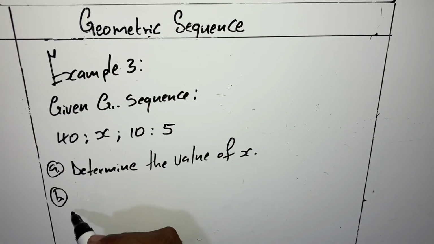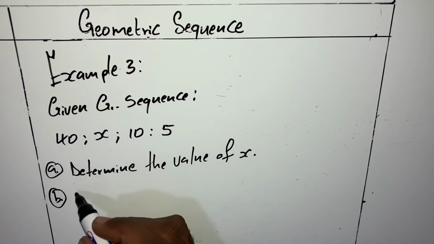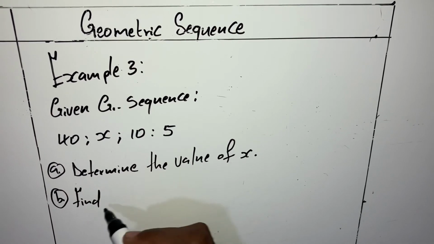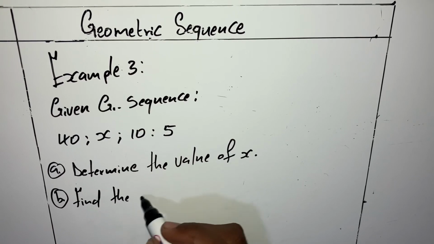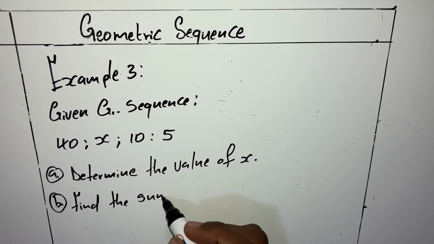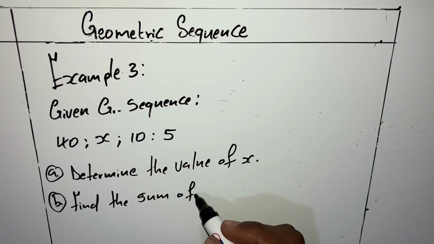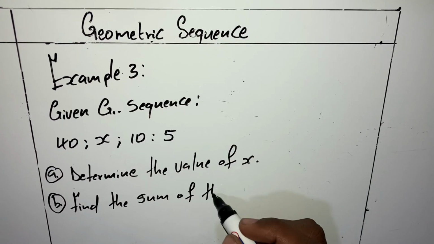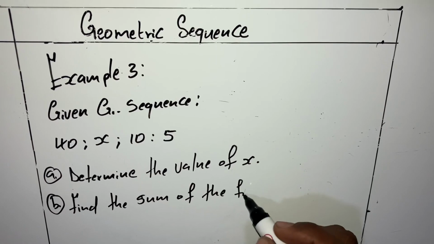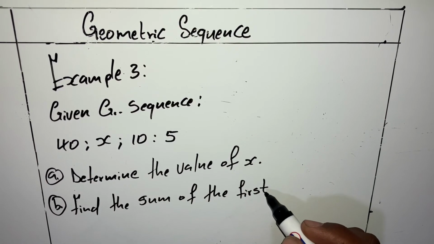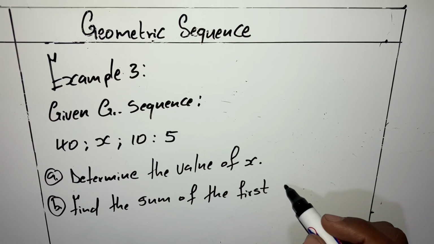Our B is find the sum of the first 3 terms.